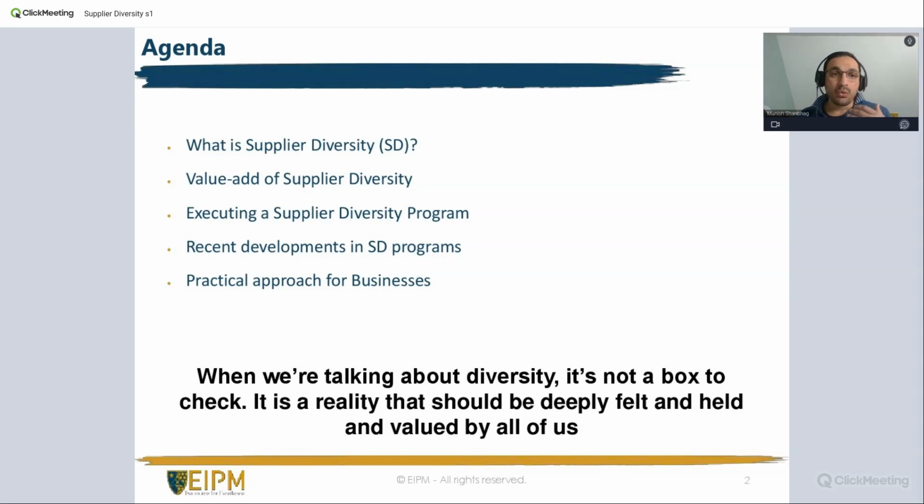One key point, and that's why I've written it right at the beginning here, is that when we are talking about diversity, the notion is not to have it as a tick. It's not a box to check. The idea is it should be within the DNA of the organization. It's a reality, and it should be felt deeply, held and valued by everyone in the organization.